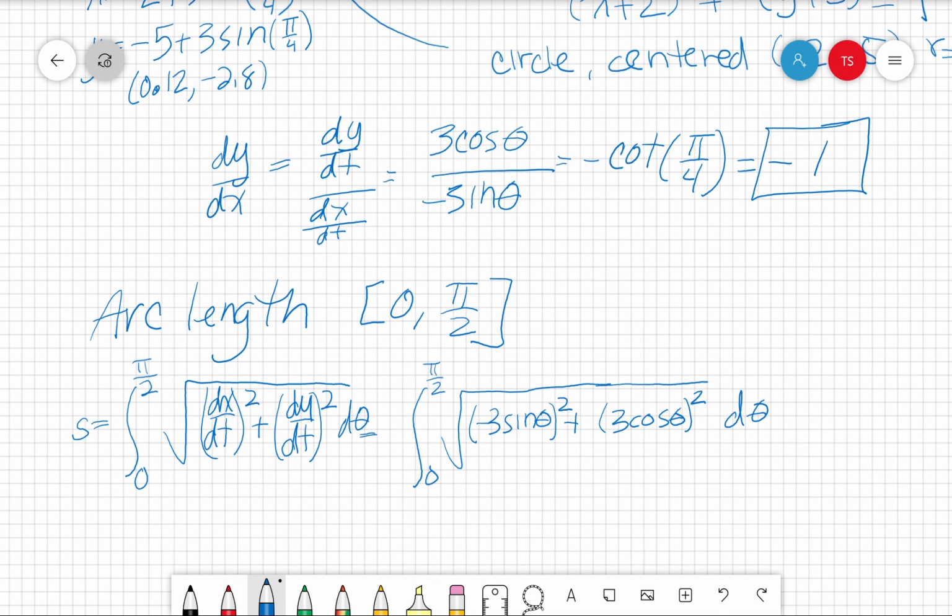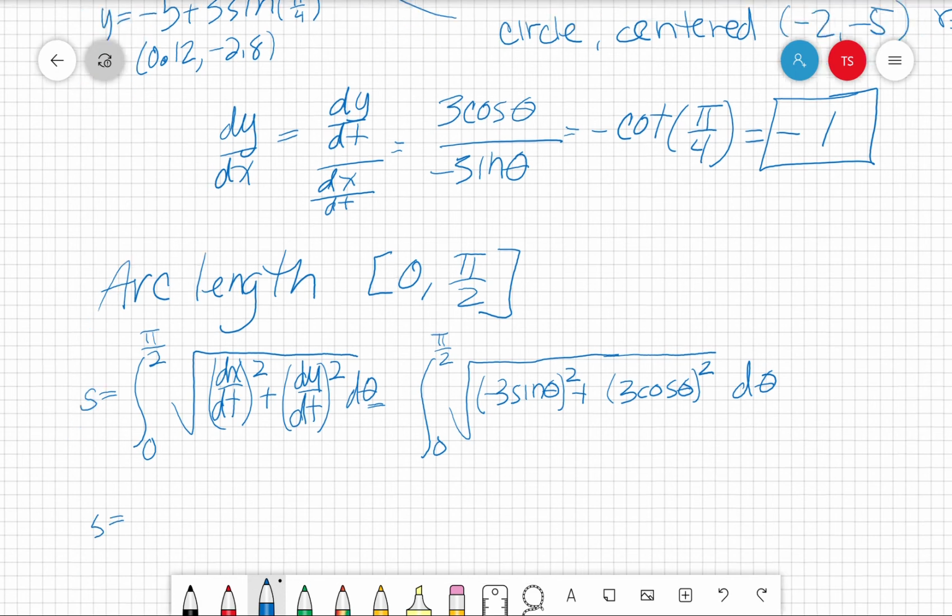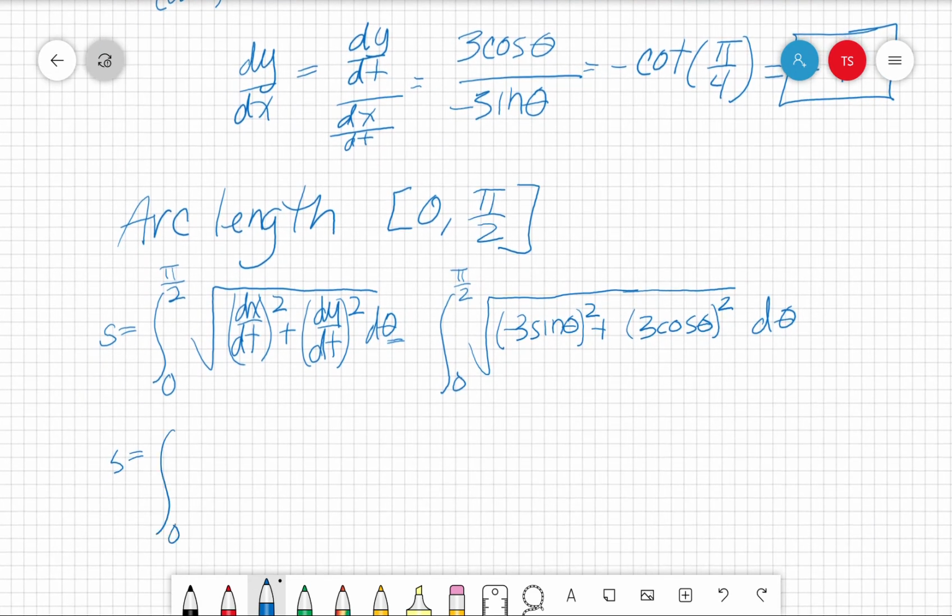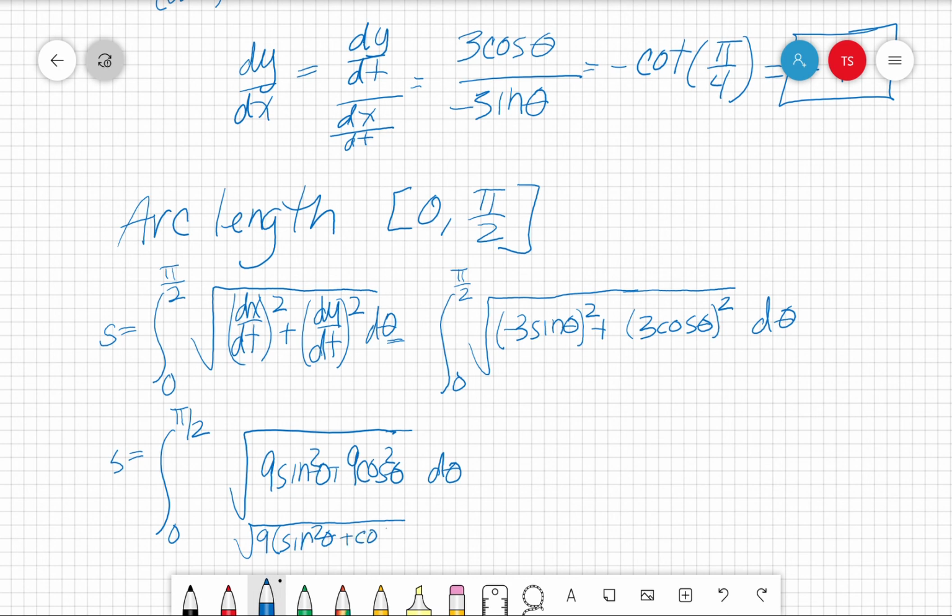Okay, and so that's going to give me s will be equal to the integral from 0 to pi over 2 of the square root of 9 sine squared theta plus 9 cosine squared theta d theta. And so we can pull out the 9, right? 9 times sine squared theta plus cosine squared theta.